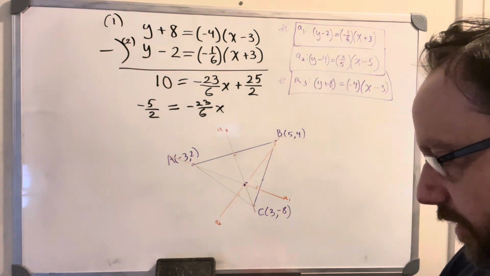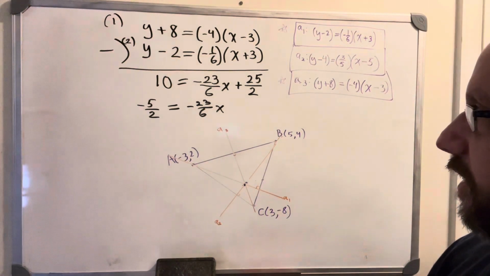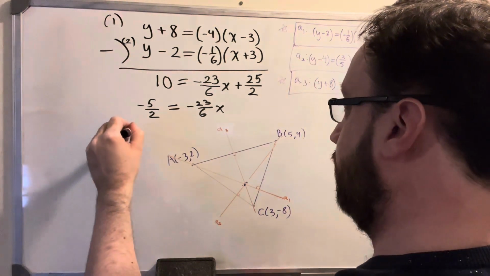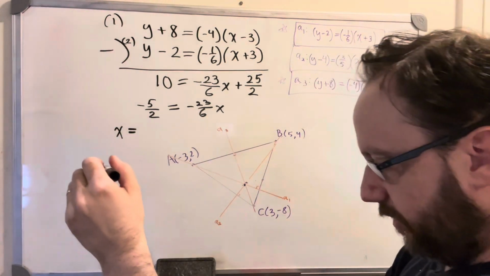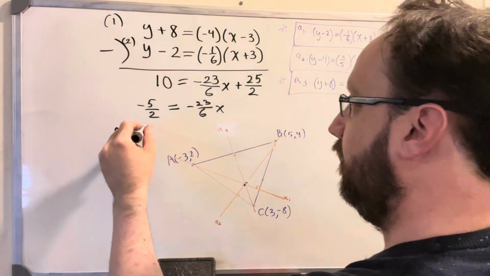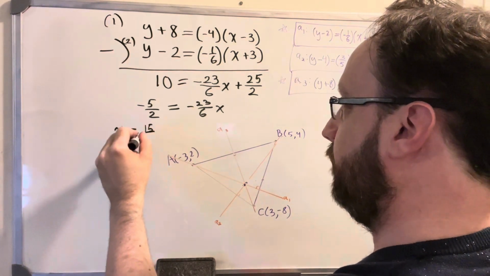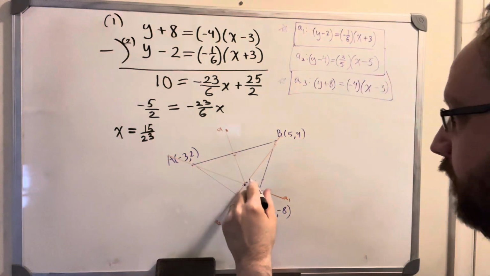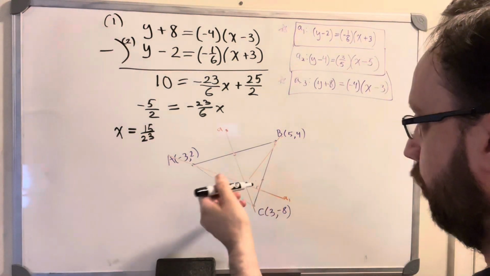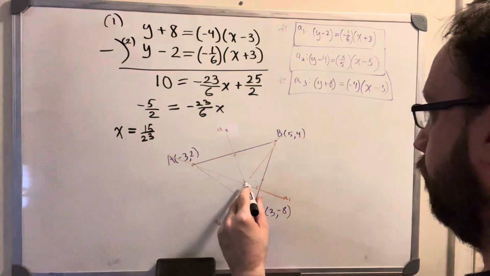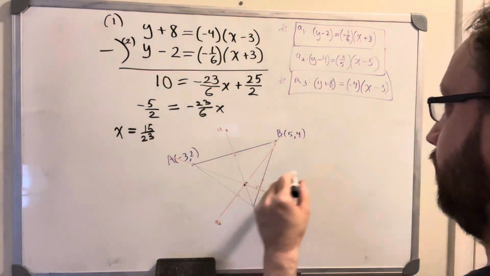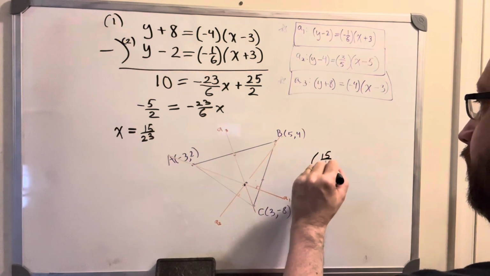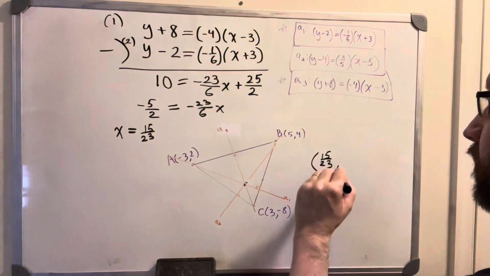And then what x ends up being, if you do the math carefully, x is equal to 15/23. So the x coordinate, the horizontal location of this point, is 15/23.